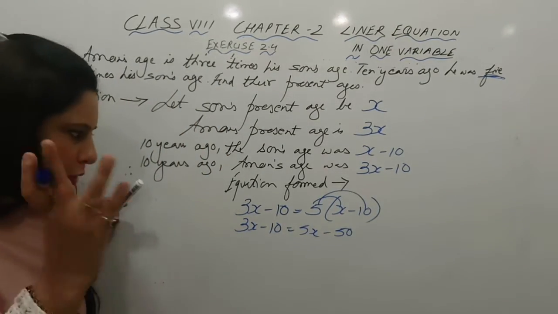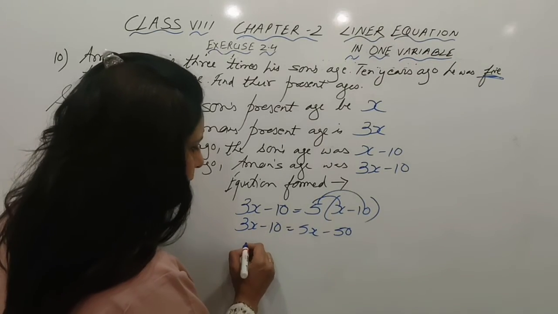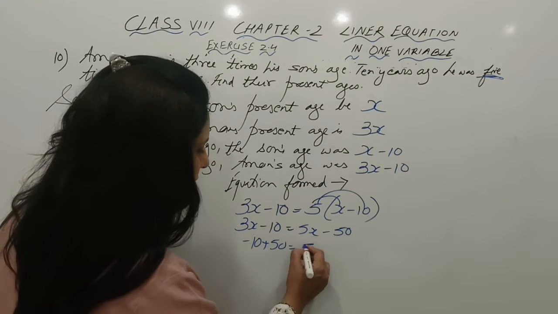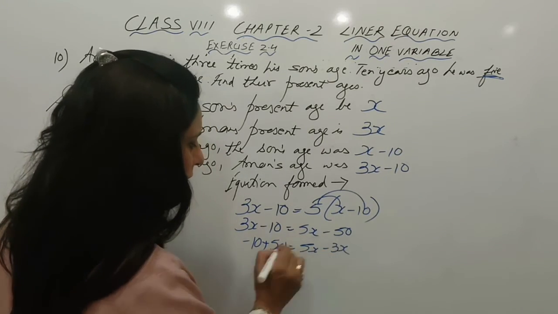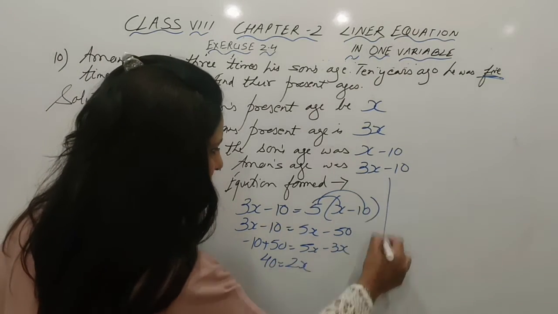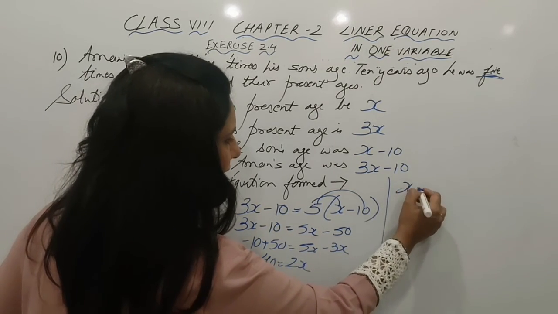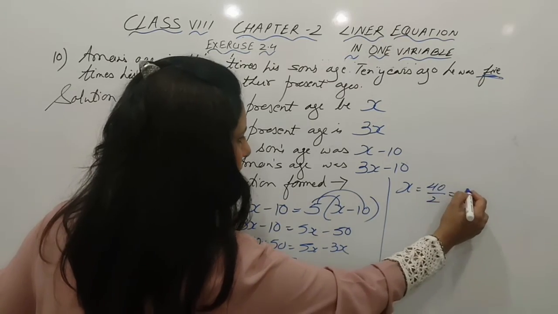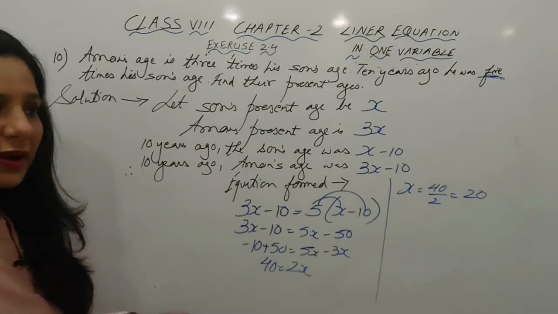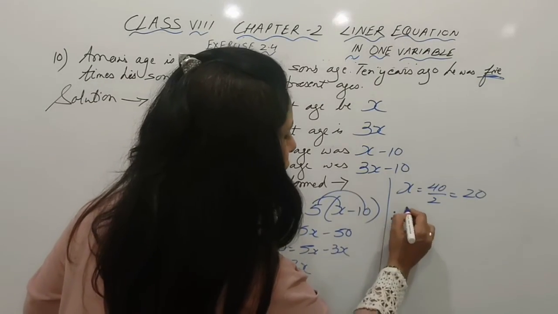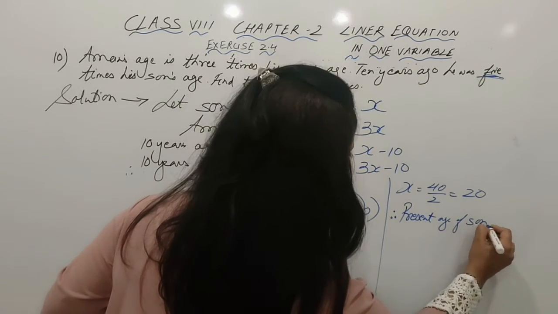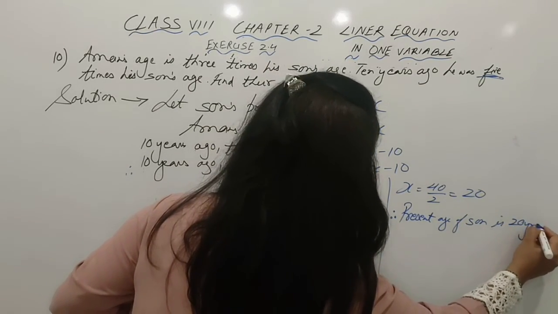मैं एक ही स्टेप में दोनों ट्रांसपोजिशन कर दूंगी. We will do -10 plus 50. 50 को यहाँ transpose कर दिया और 3x को वहाँ transpose कर दिया. So 40 is equal to 2x. That gives us that x is equal to 40 divided by 2, that is 20. So what are their present ages? Therefore present age of son is 20 years.